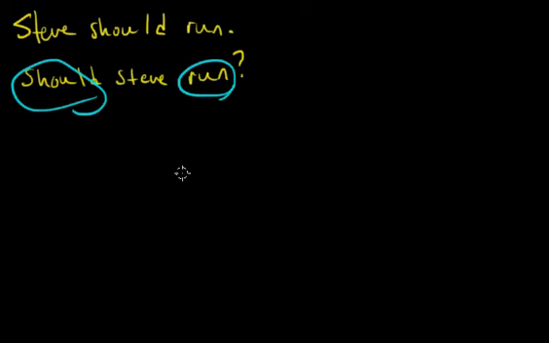So if I were to present to you at first from the get-go the sentence, let's go ahead and write it out. Should Steve run? You should know that the first thing you should do is to rewrite this sentence as a statement.